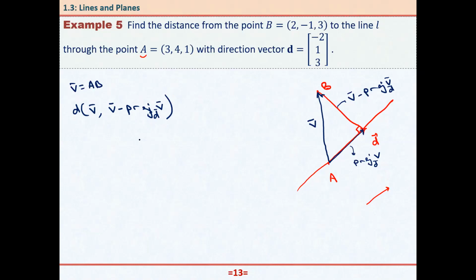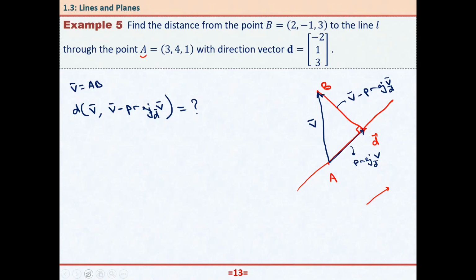Since we are talking about vectors, I'm trying to express everything in terms of vectors. That is the question. And as you know, we know how to find the distance between two vectors. To do this, first we need to know vector V. Then we can substitute and find its length.